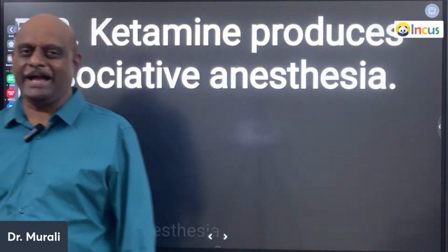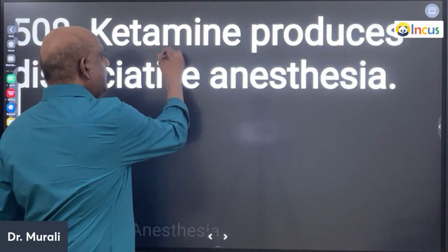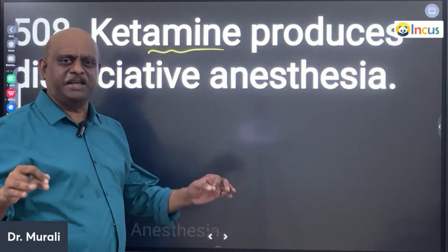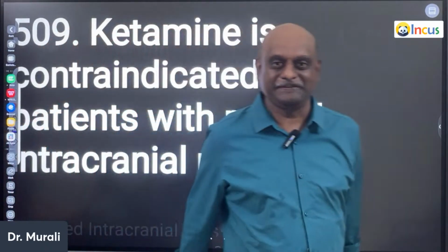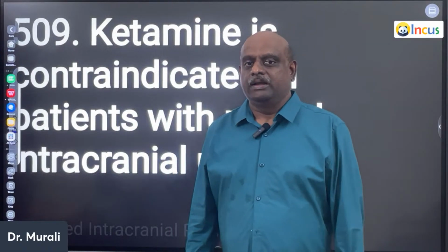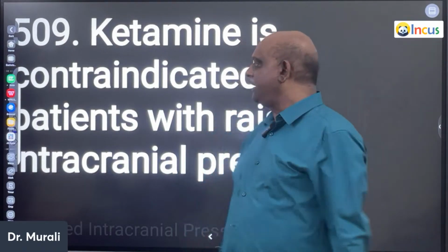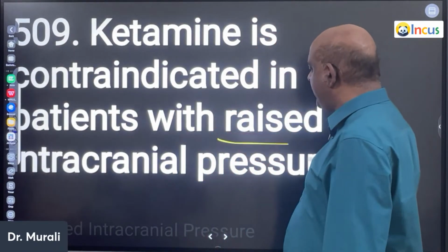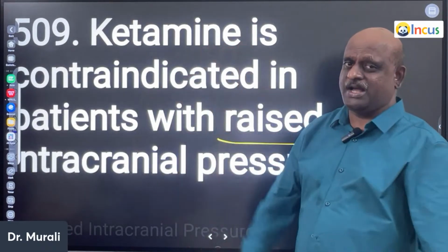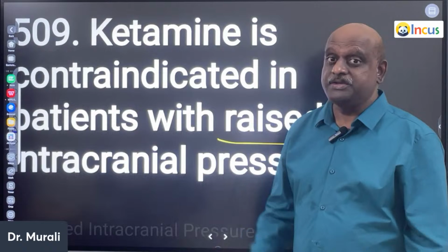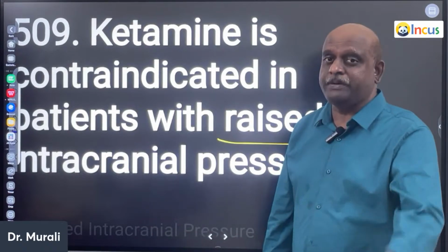Dissociative anesthesia: what is the agent? Ketamine. Anything about ketamine you need to be quite sure about. Where is ketamine contraindicated? Whenever there is raised intracranial pressure, ketamine is very notorious. Everything is raised: heart rate is raised, BP is raised, intraocular pressure is raised.